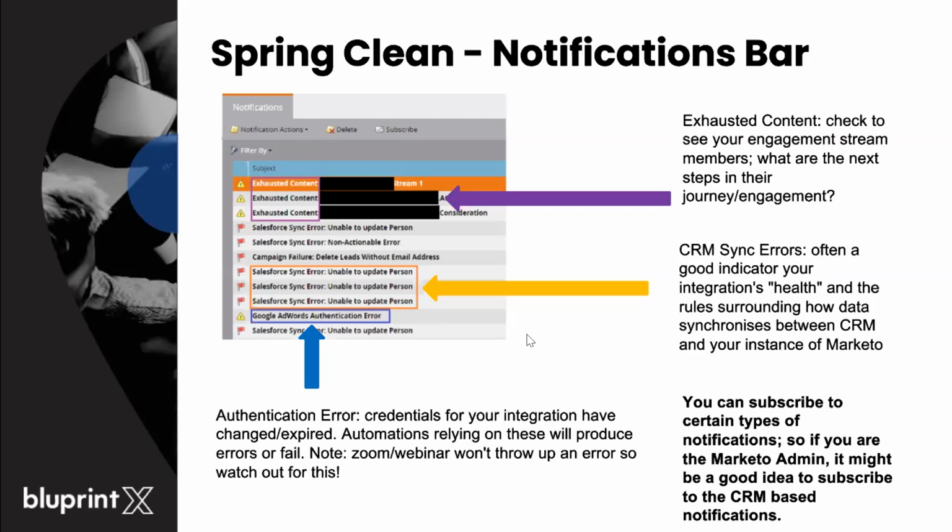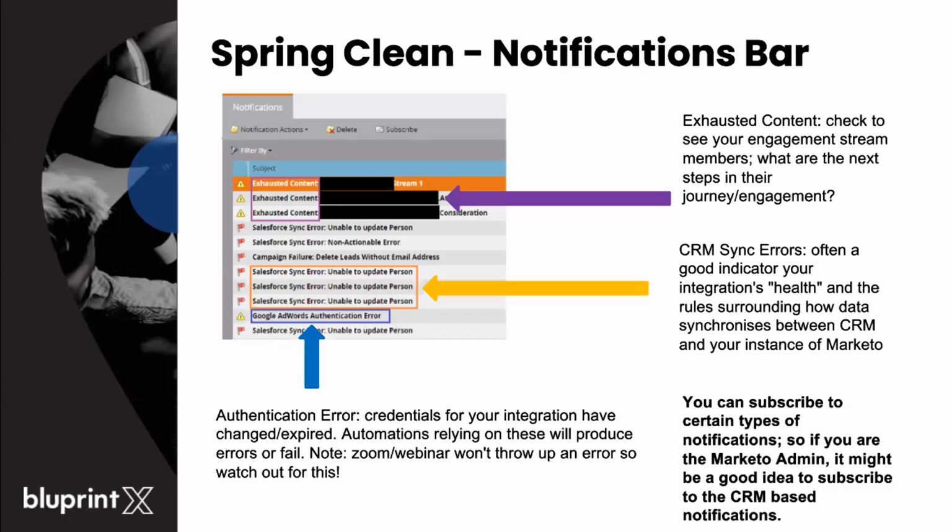The second one is a really good litmus test about the health of your CRM integration. So CRM sync errors, be it Salesforce or Dynamics, doesn't matter which one it is. They show whether there are any rules that have been set up by your Salesforce or Dynamics admin that have accidentally broken or shifted the rule set of what Marketo can and cannot synchronize between itself and the CRM.